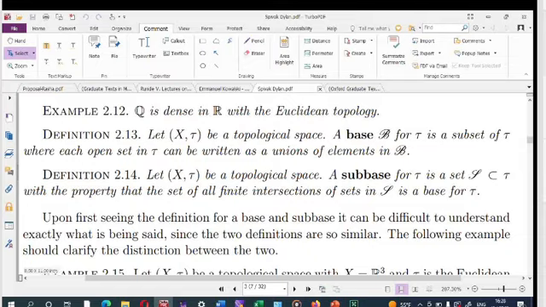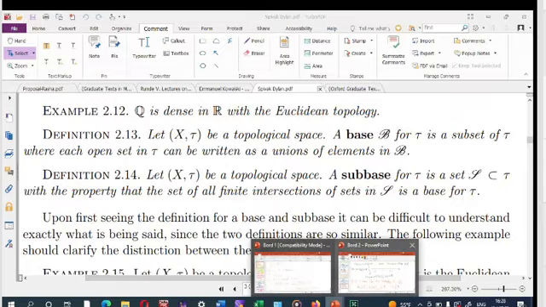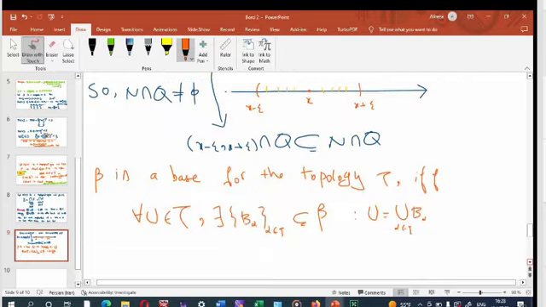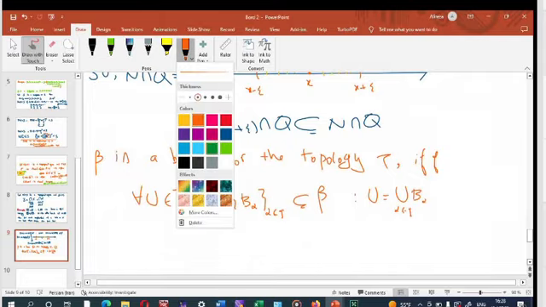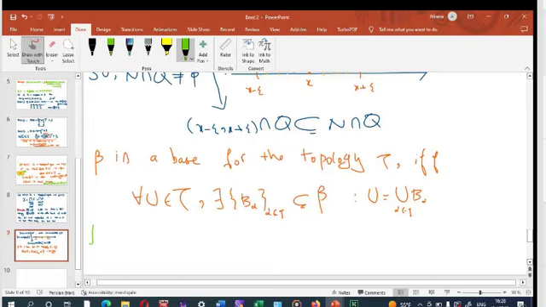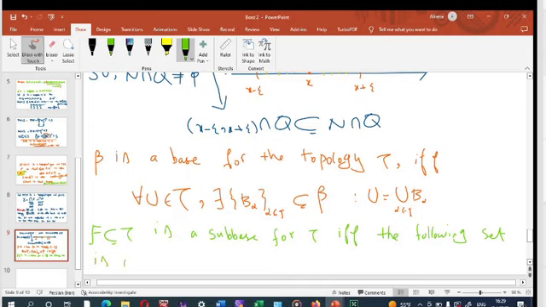Finite intersection, so that we must write, for example, F is a subbase for tau if and only if the following set is a base for tau.